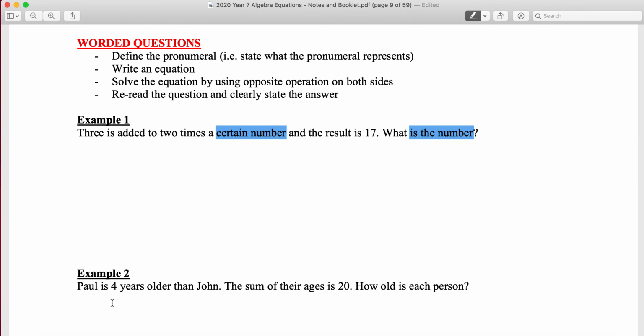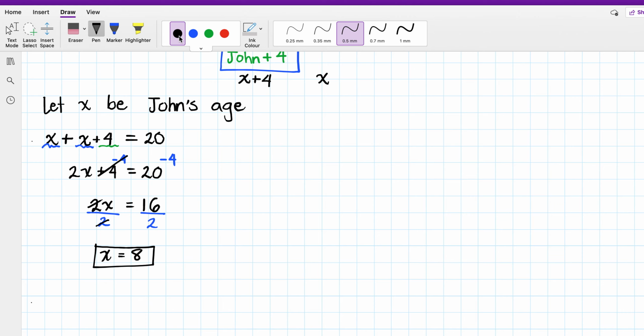To do that, I'm going to answer as I read the question again. It says, how old is each person? So what are the important words here? How old, and then each person. So I have to say, okay, John is 8 years old.